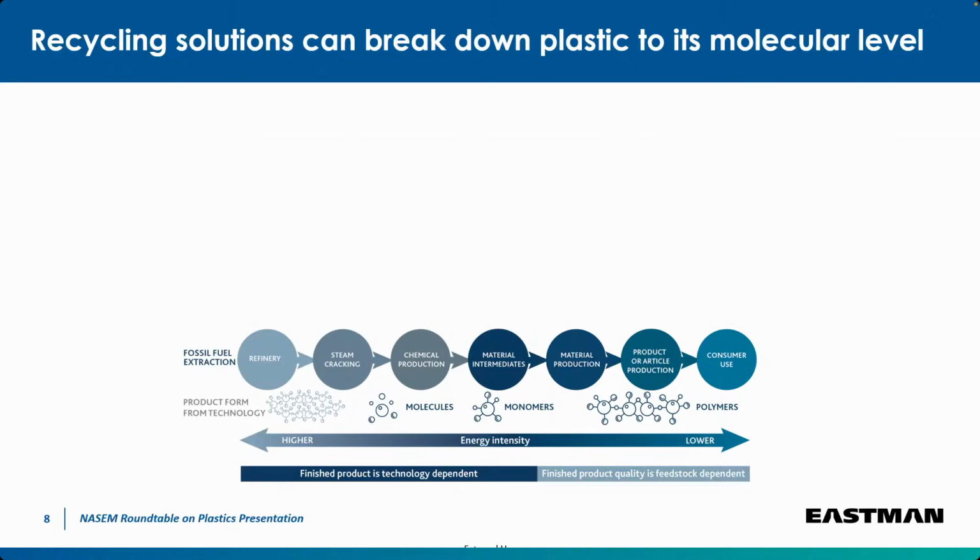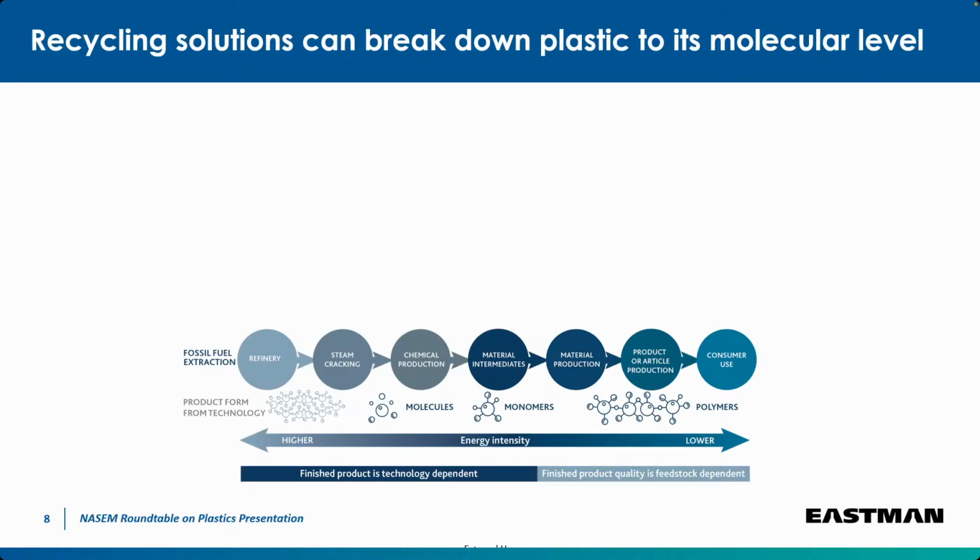And from that, we can start to make materials. And that's where we can start to make plastics. Plastics at that point are quite often going to be sold as a pellet. You may have heard the term nurdle, or in some cases powder, depending on the type of material. Those are sold and then molded into products or articles. And then after that, they go into consumer use.